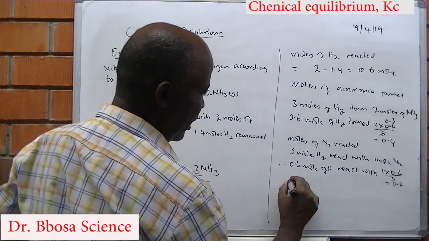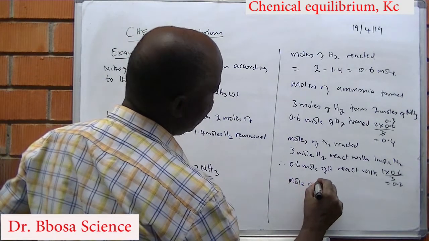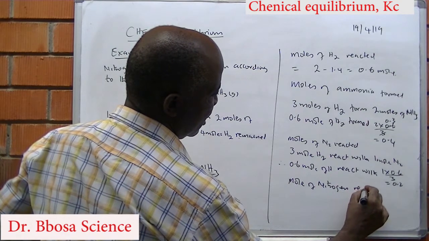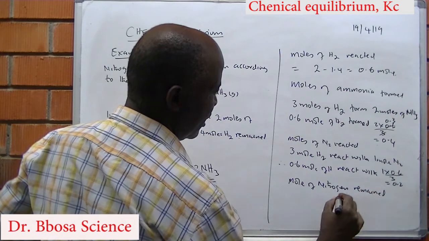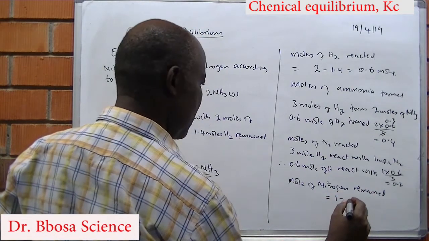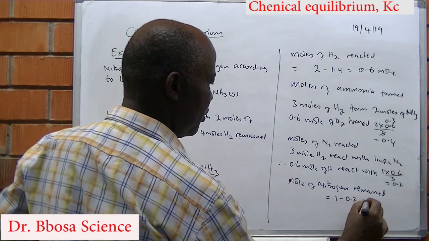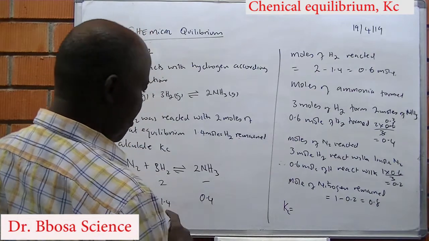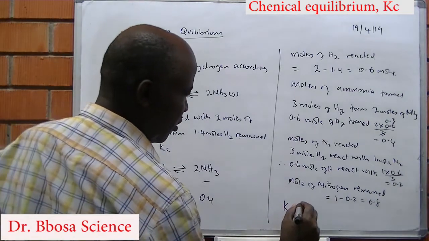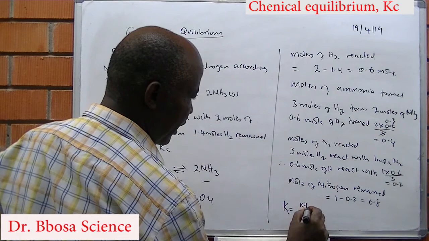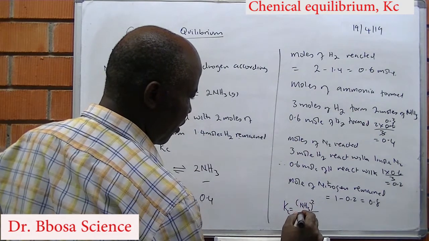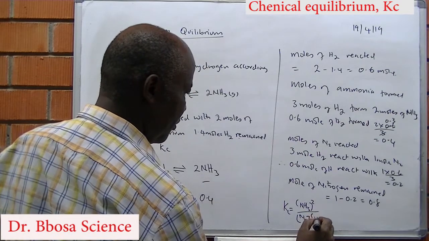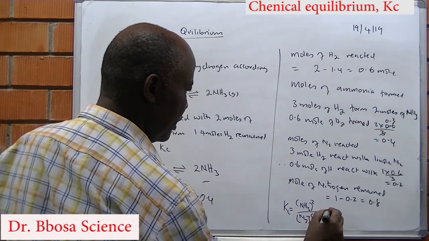Then moles of nitrogen remained is equal to 1 minus 0.2, which is equal to 0.8.